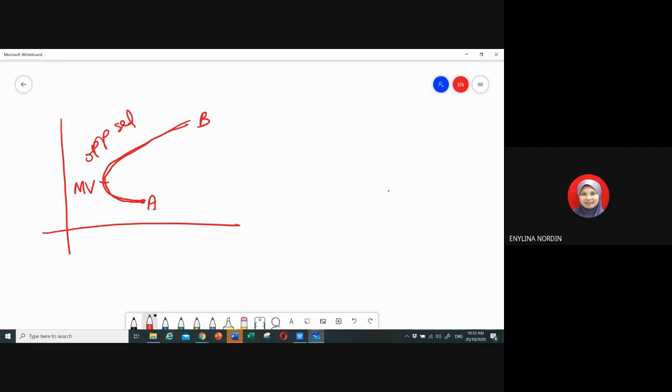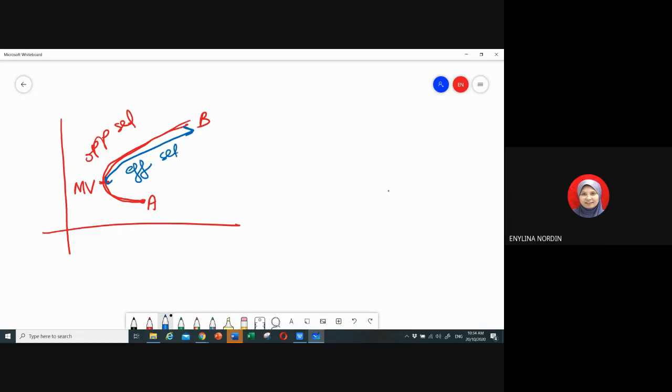Inilah pilihan-pilihan yang akan memberi different expected returns of the portfolio. Tapi portfolio mana yang boleh kita kata the most efficient one? It starts from point MV, from point MV to point B. Yang ini, the blue line here kita panggil efficient set.